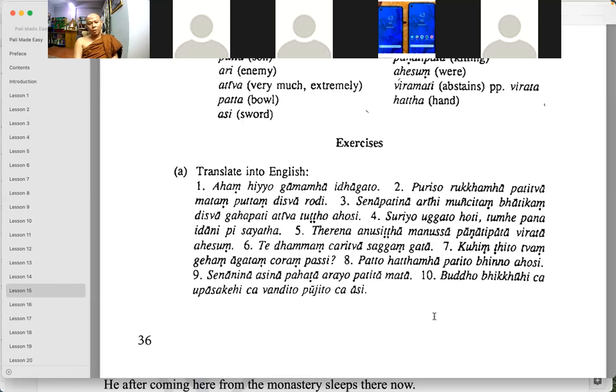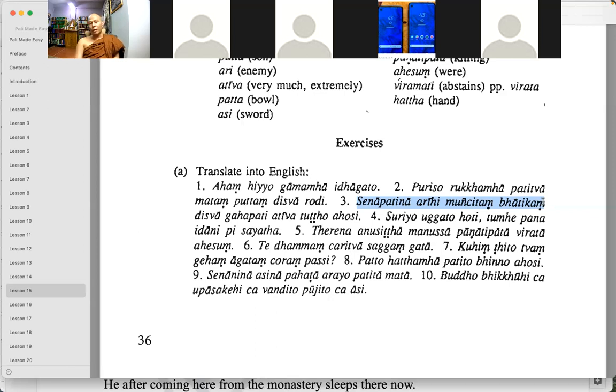Actually, now after translation, you can see Sinabatina Badi Arihi Monjitan Badi Gan is a past participle phrase. You see Monjitan, Badi Gan. For Monjeti, Monjitan, the agent, the one who frees, is with the instrumental case here, Sinabatina. And from whom?